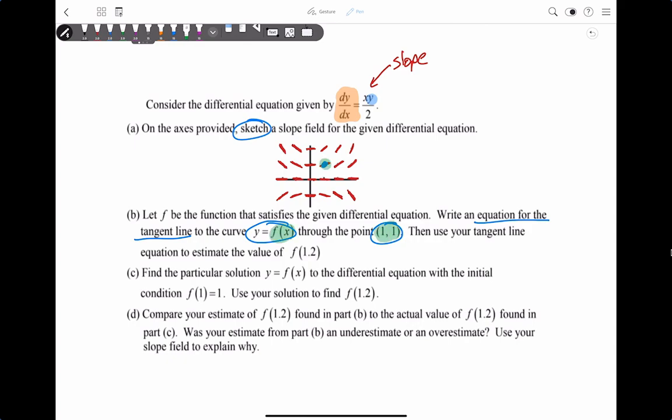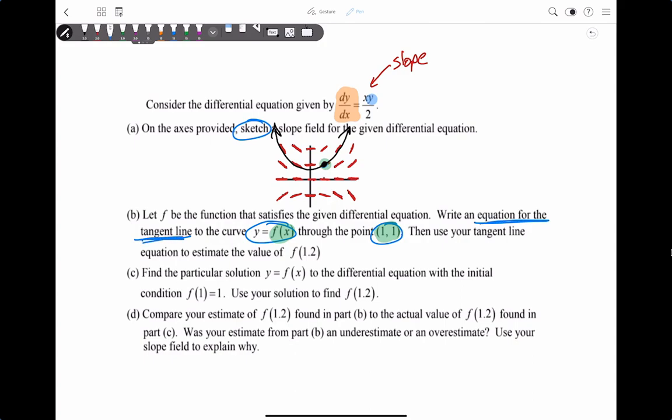So if we were to sketch it, we could say it probably goes through here, touches there, kind of goes up, then comes down, and then goes back up. Something like that. It looks like it would fit within the slope field. The equation that we're looking for is this tangent line.